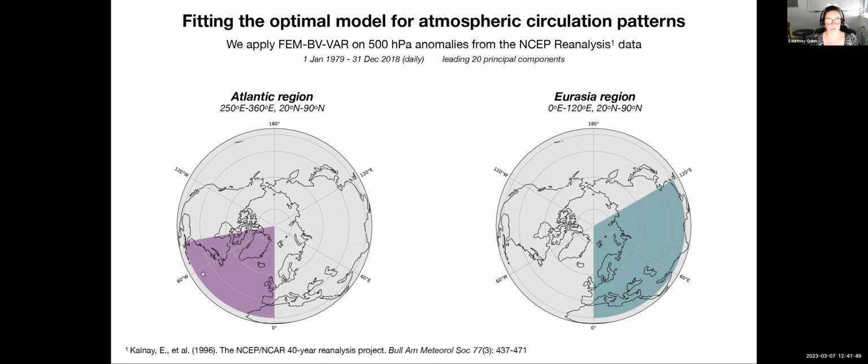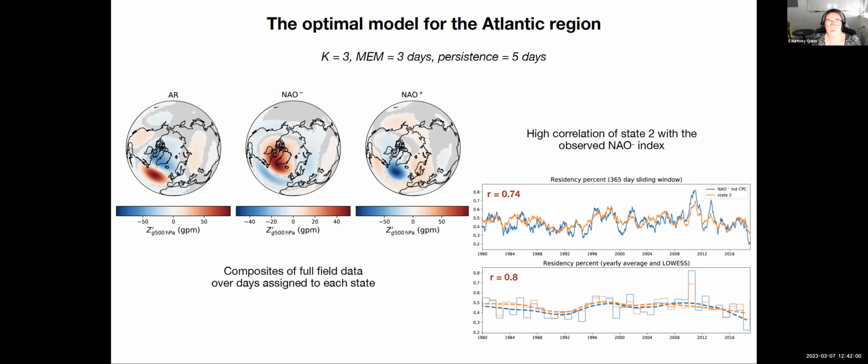I think 20 principal components is like 96% of the variation or even more, so we were confident that we were capturing all the variability we wanted. And then we have these two regions: the Atlantic region, where we're really focusing over the Atlantic Ocean, and the Eurasia region, where we're more focused on the continental behavior of the atmosphere. The optimal model that we found for the Atlantic region was 3 clusters with a memory of 3 days and an average persistence of 5 days, right? And there was a nice correlation between what we identified as our negative NAO phase and the observed NAO index.